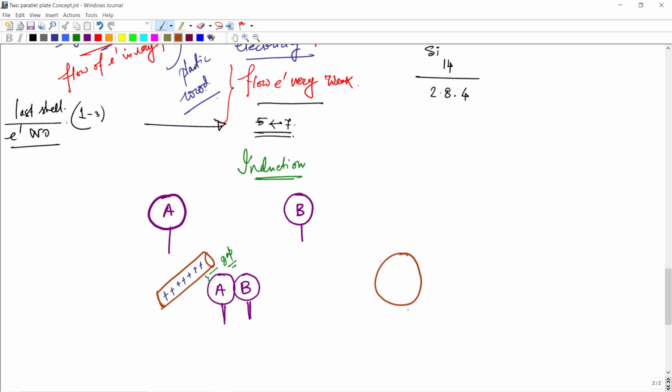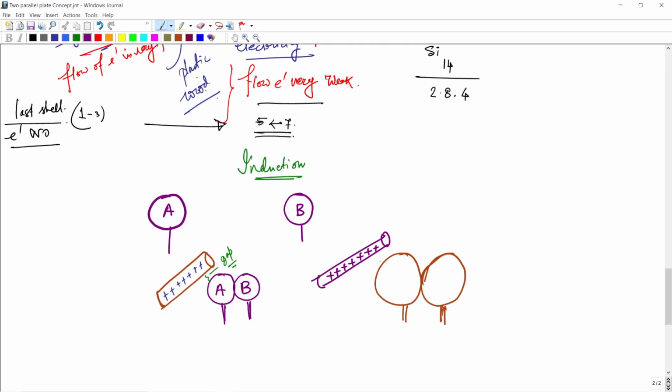Suppose metal ball A and metal ball B touch each other, and here is a glass rod, all positive.